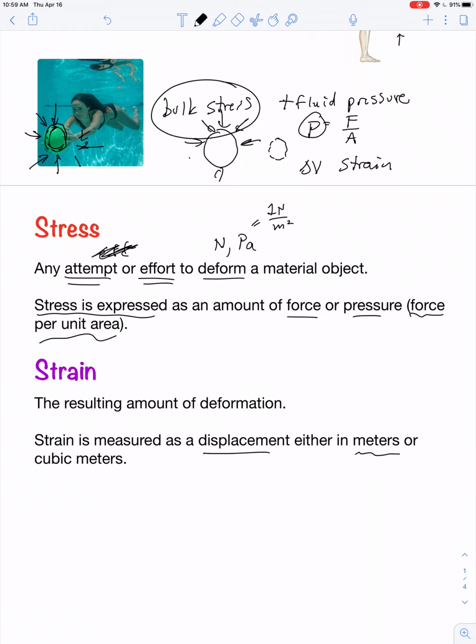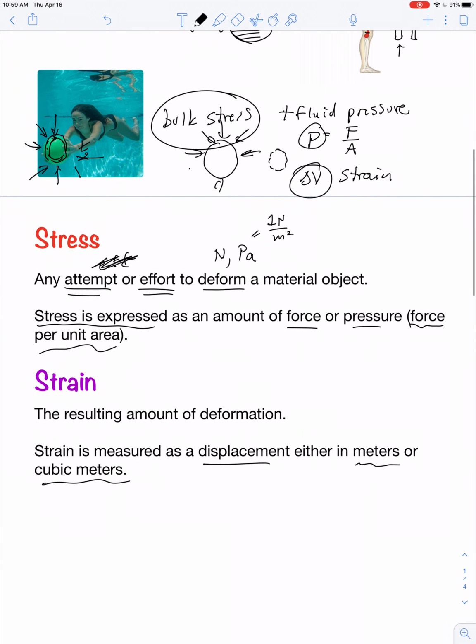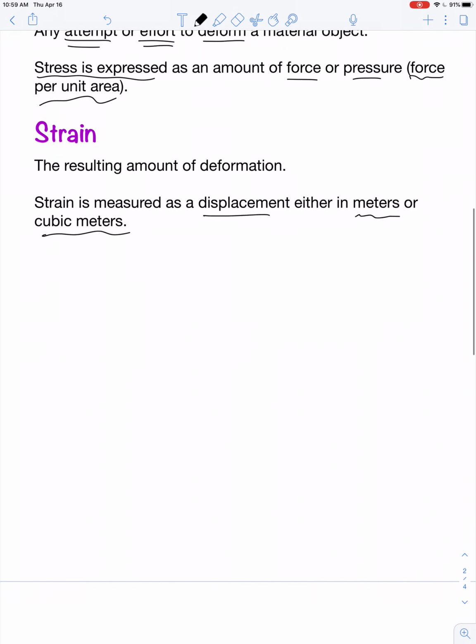So it's either measured in meters or cubic meters, right? It's either a change in length or it's a change in volume. So stress is the attempt to deform, strain is how much deformation you get. And we've actually already studied stress and strain a little bit. We studied Hooke's law.